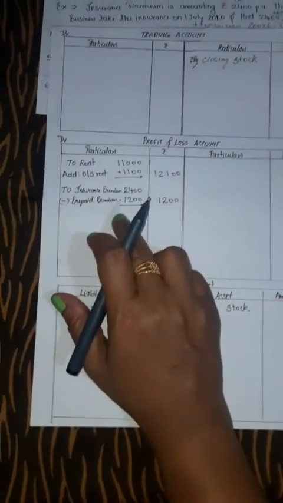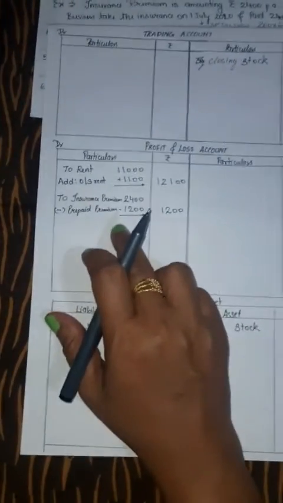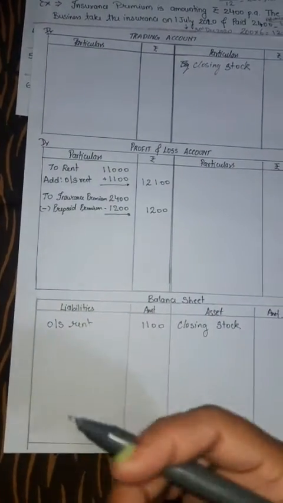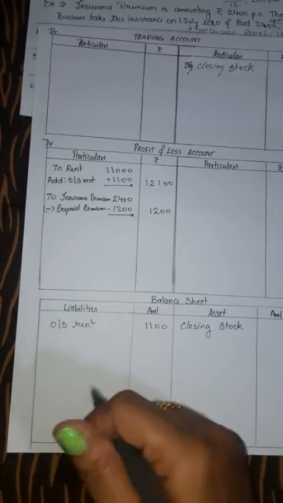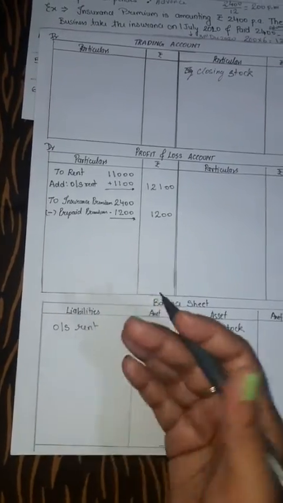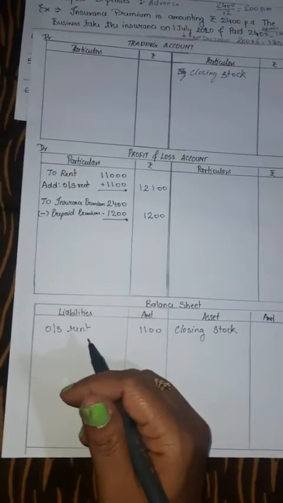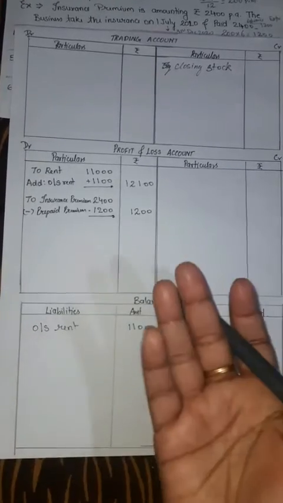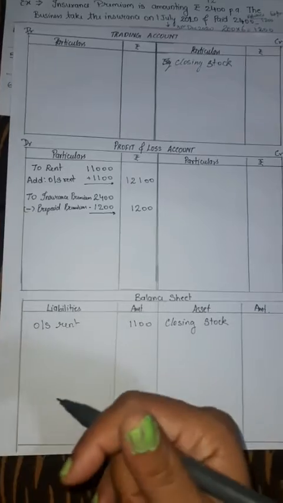And the second effect of this is, students, you should understand that anything given as an advance can be taken back. So that is a sort of asset for us. Anything given as advance can be taken back.